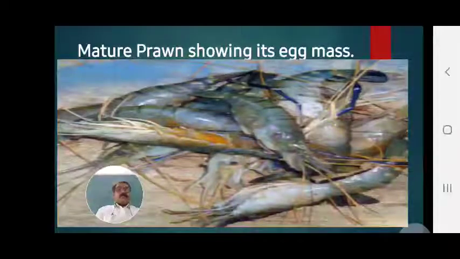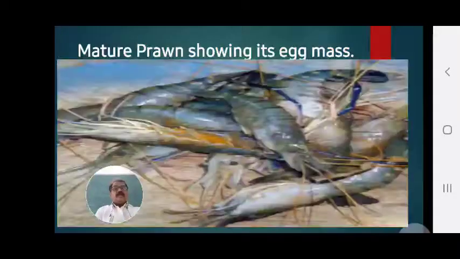The figure shows the number of Penaeid prawns. These are the number of Penaeus indicus. It shows the egg mass, which is orange in color.